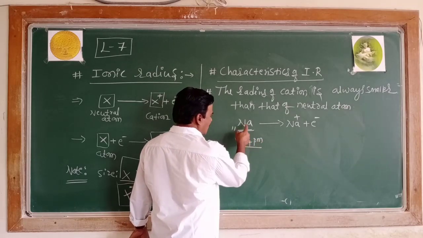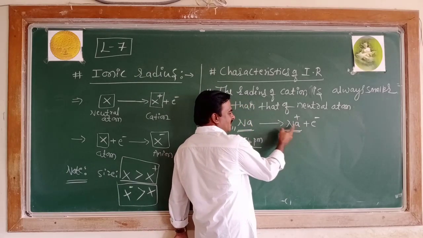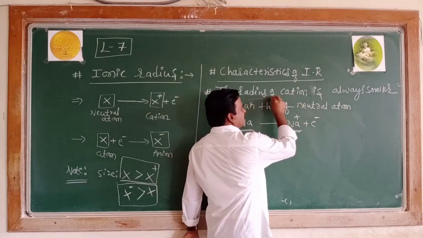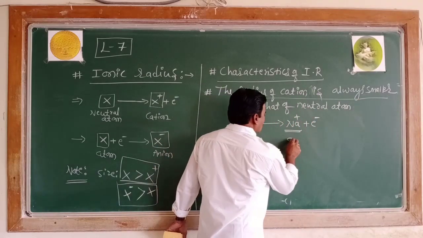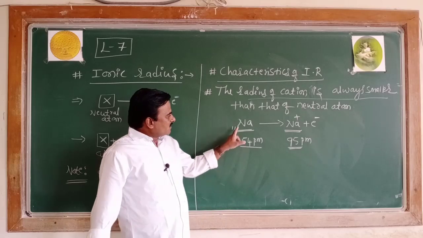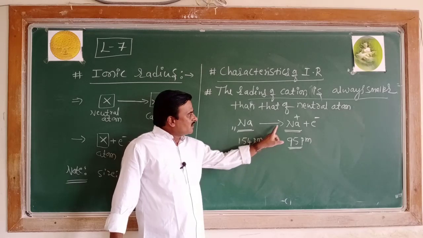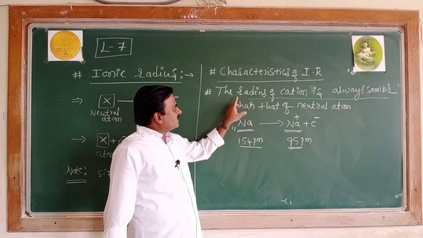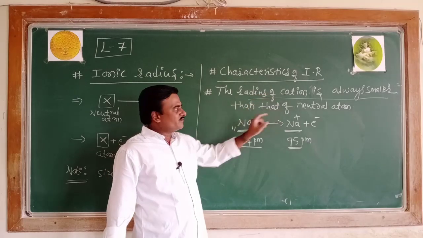Now it is an ion, sodium ion, so the cation size is going to decrease as per the characteristic. The radius of cation is always smaller. What was the radius of sodium ion? It was noticed to be 95 picometer. Thus you can correlate the magnitudes. The radius of sodium is 154 picometer. Radius of sodium ion is 95 picometer. Thus the radius of cation is always smaller than that of neutral atom.